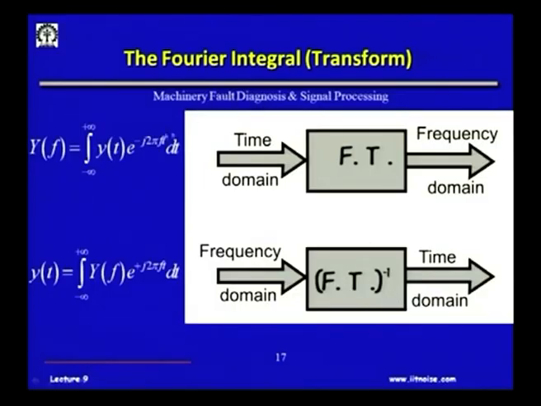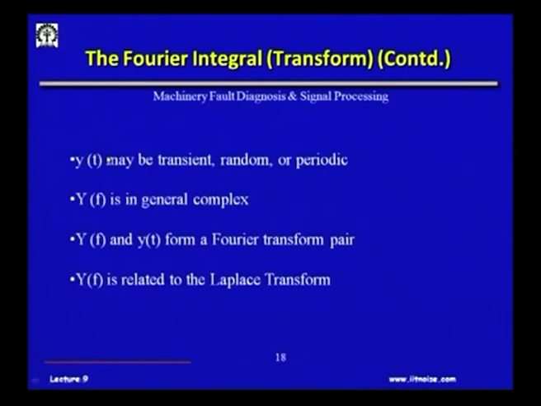Okay. When we have it in the integral form, we call it the Fourier integral, or in the digital form, it will be known as the discrete Fourier transform. Okay, and this can all be done digitally. But in order to do this Fourier transform, I need to have a representative of the signal.